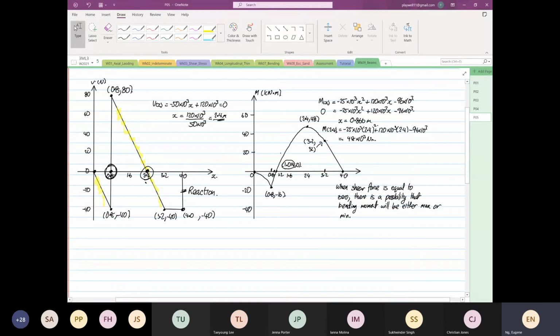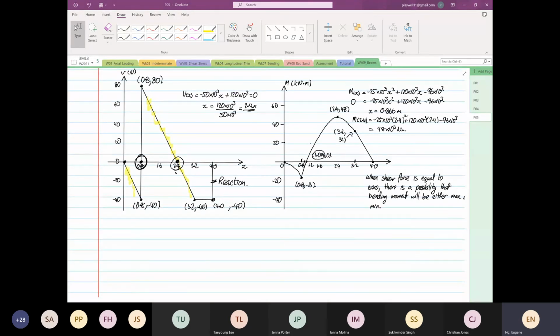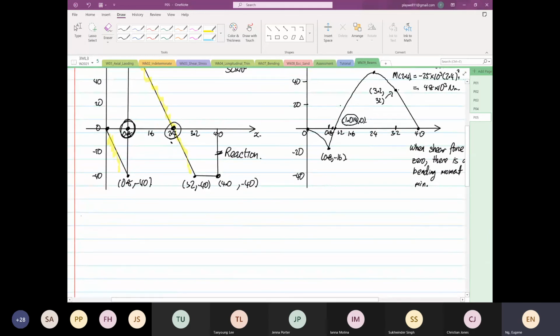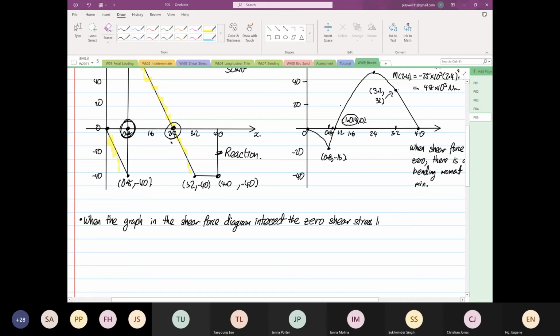What I've written is that when the graph in the shear force diagram intersects the zero shear stress line, right?